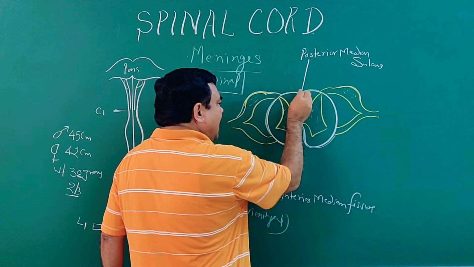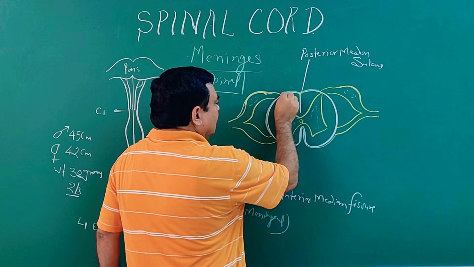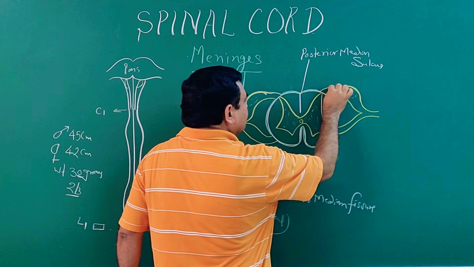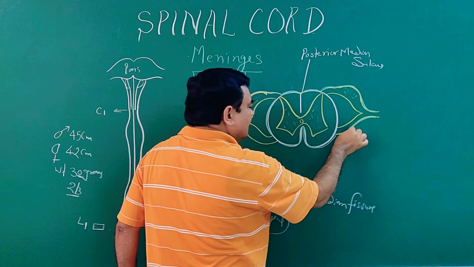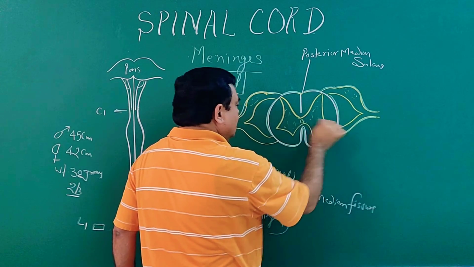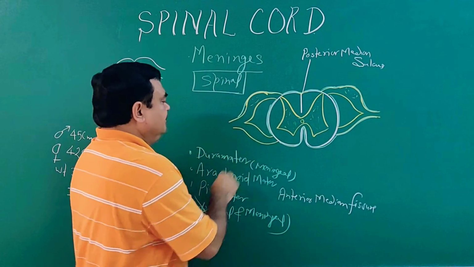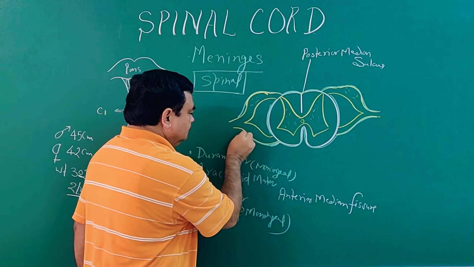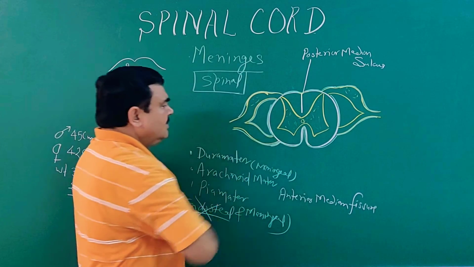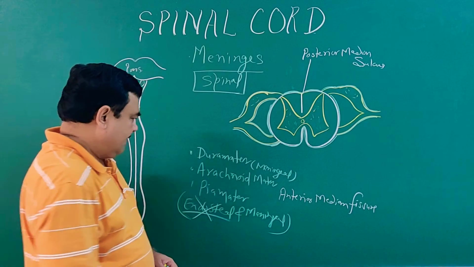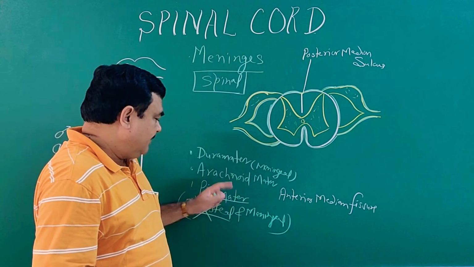It is firmly adherent to the spinal cord and the roots of the nerve. So this layer is the pia mater.